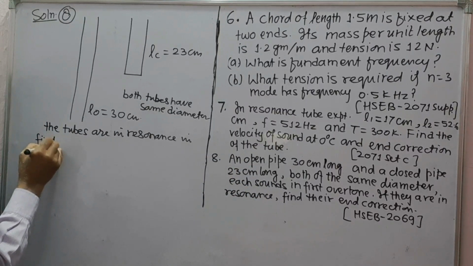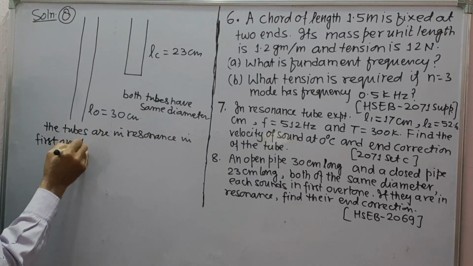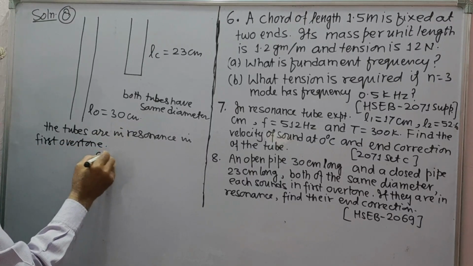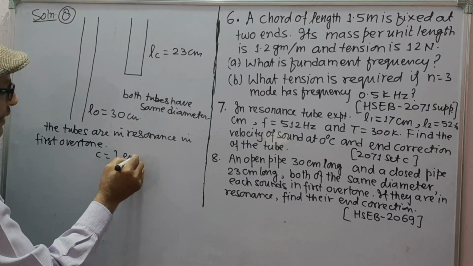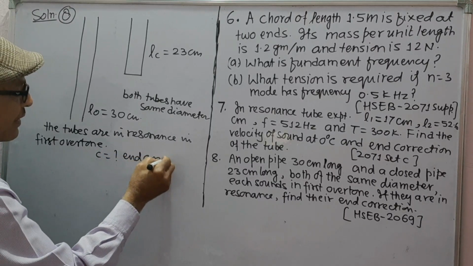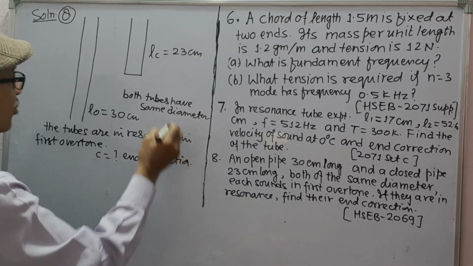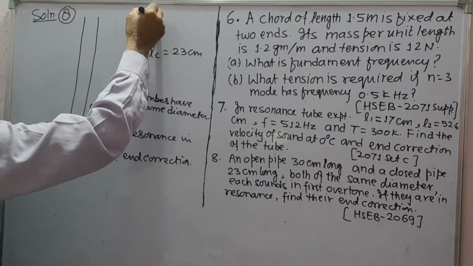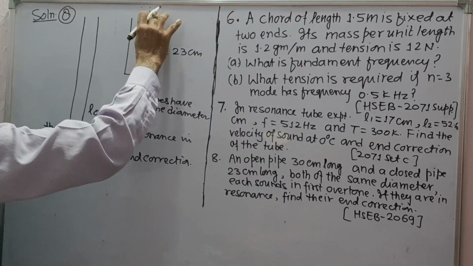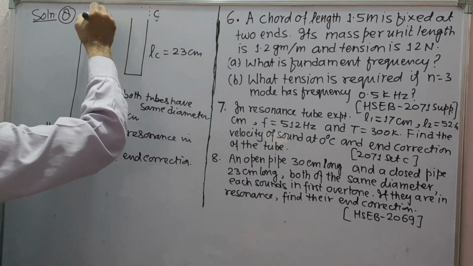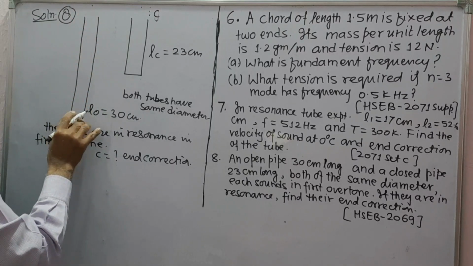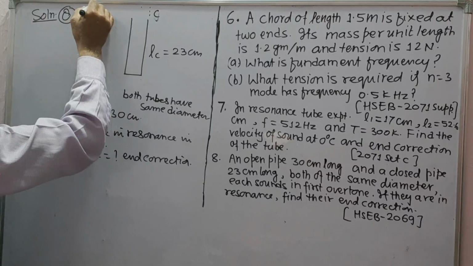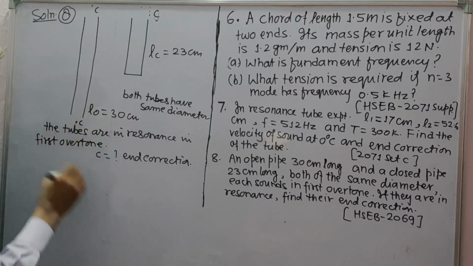We have to find end correction C. We know that closed pipe has only one end correction, whereas open pipe has two end corrections, here and here, C and C.